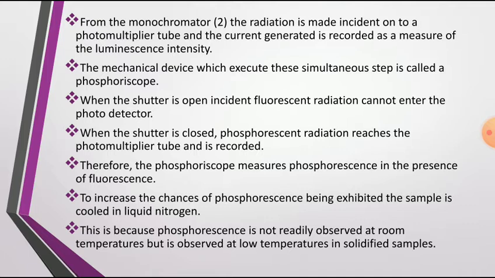See, that means when we study the phosphorescence of a particular sample solution, the sample solution must be kept at low temperature. Okay, because at room temperature it cannot show phosphorescence, so we have to keep it in the Dewar flask along with the liquid nitrogen.